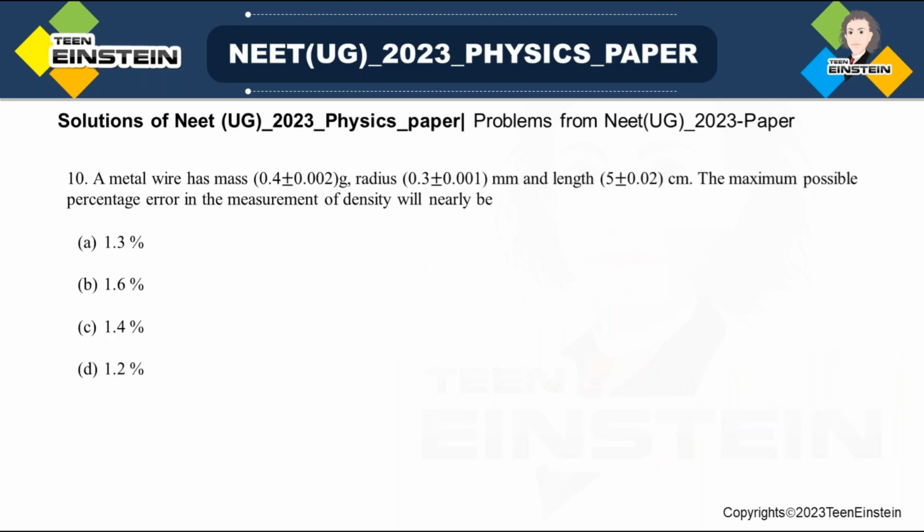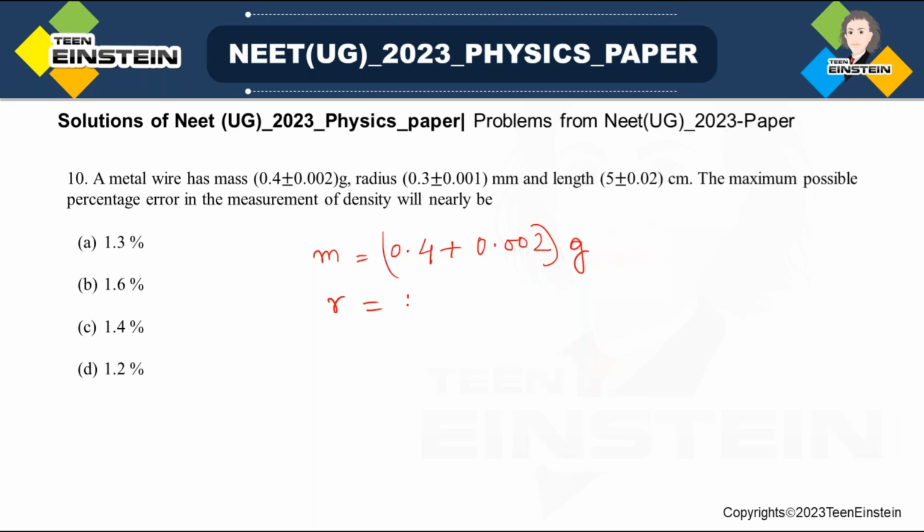We'll go to the next problem. A metal wire has mass 0.002 gram, with an error of 0.4, and it has a radius.